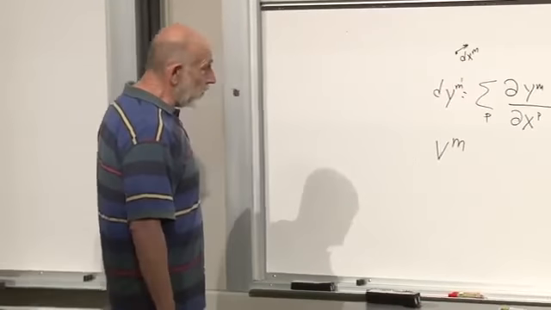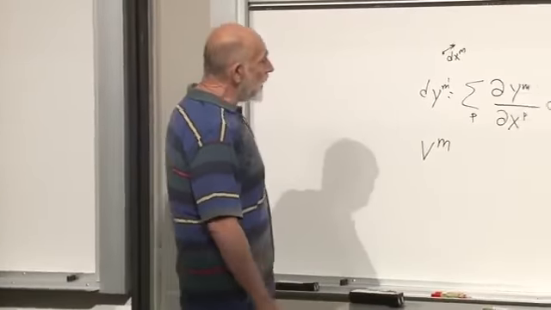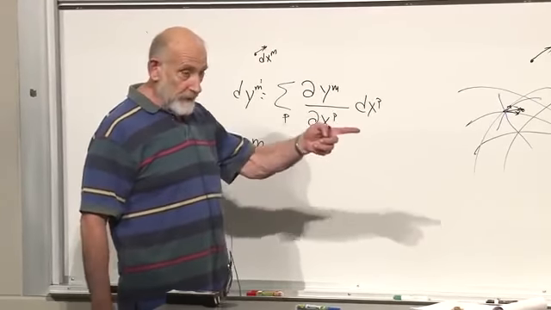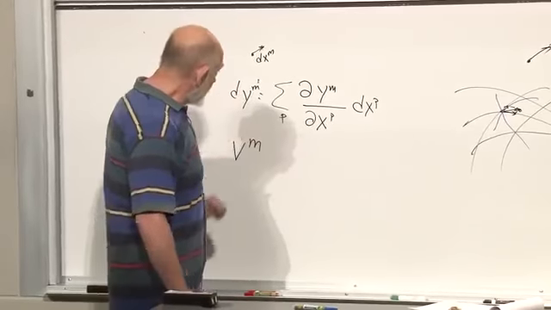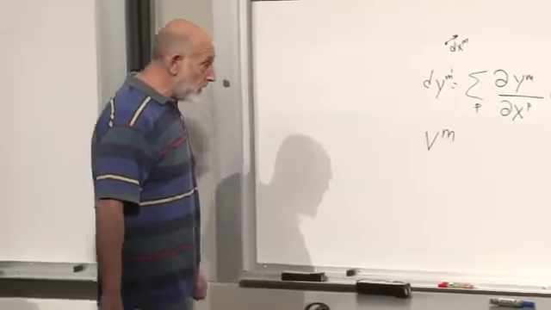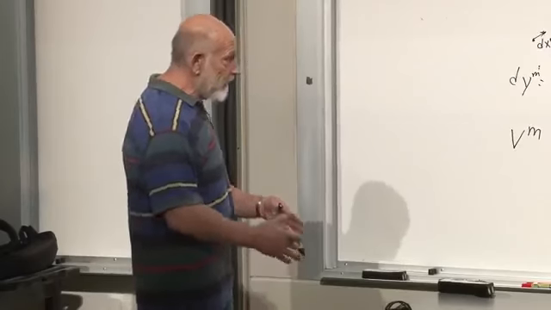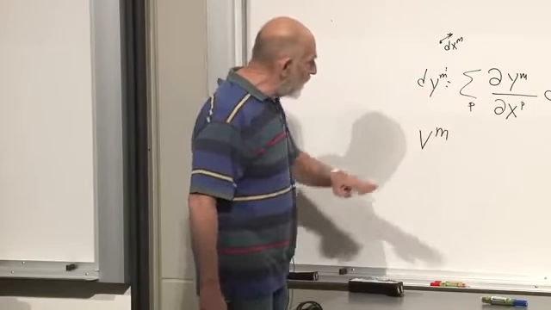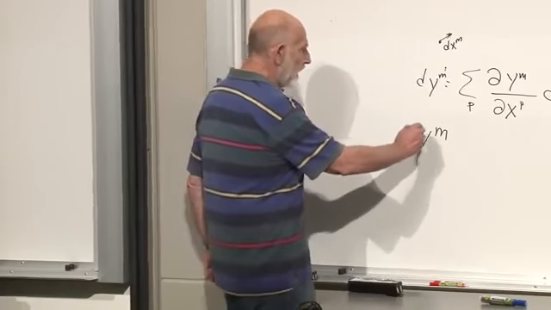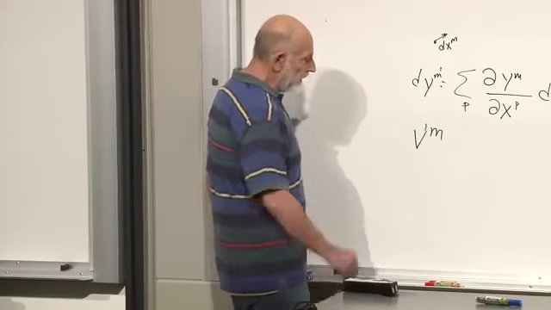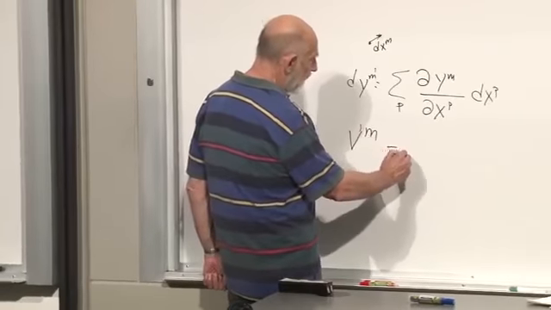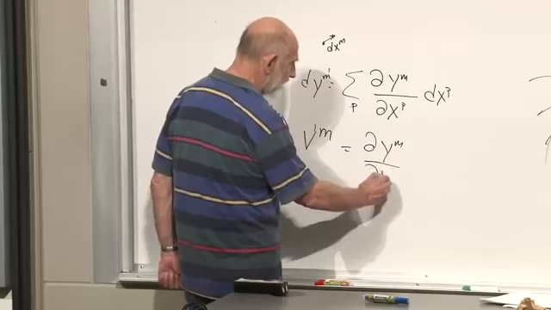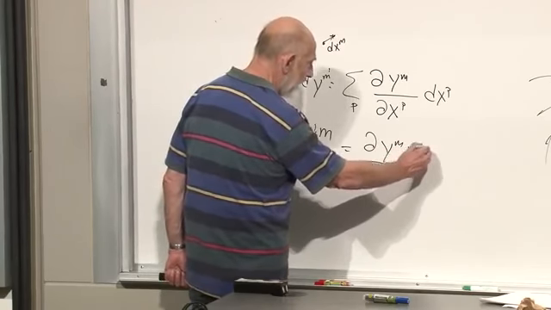So if you change coordinates, you change the components of a vector, even though you're not changing the vector. The vector is a very definite vector. You're changing its components because you're changing the coordinates that you're relating the vector to. Okay, a thing which transforms in this way, and I will now write it, in the primed coordinates, Vm is equal to dym by dxp times Vp.